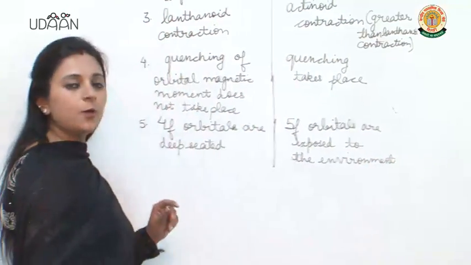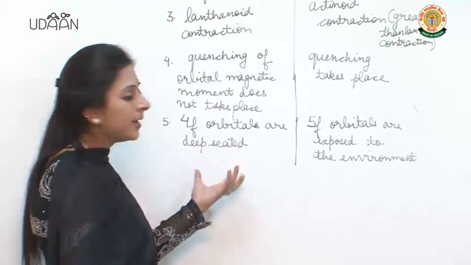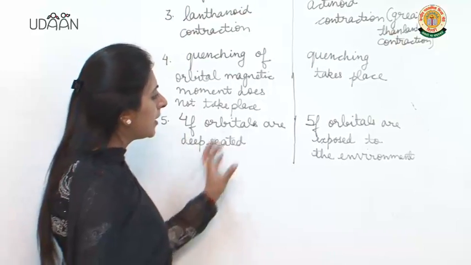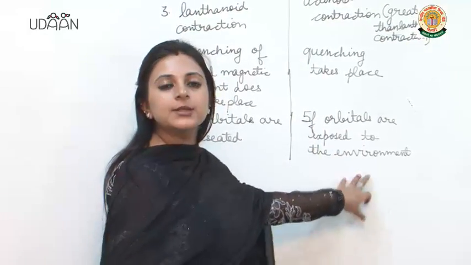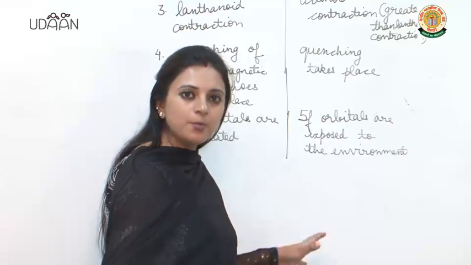So, what is happening is that 4f orbitals are not participating in bonding, whereas the electrons present in 5f orbitals are participating in bonding.